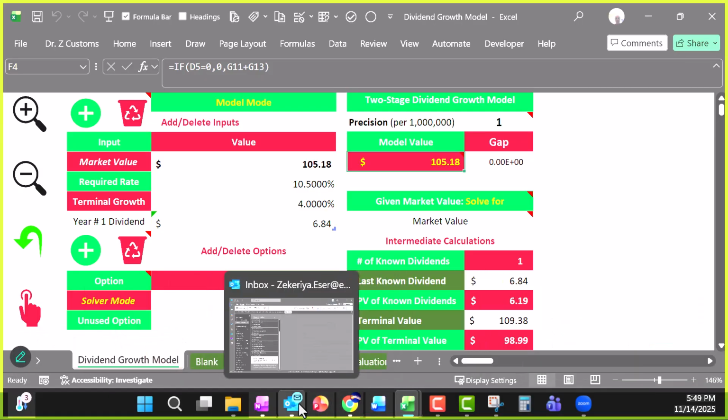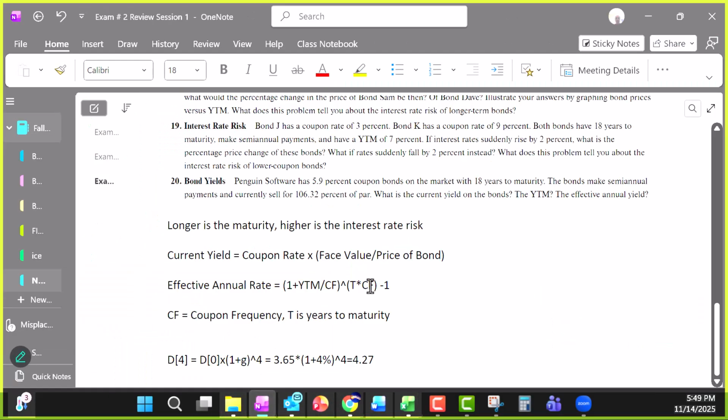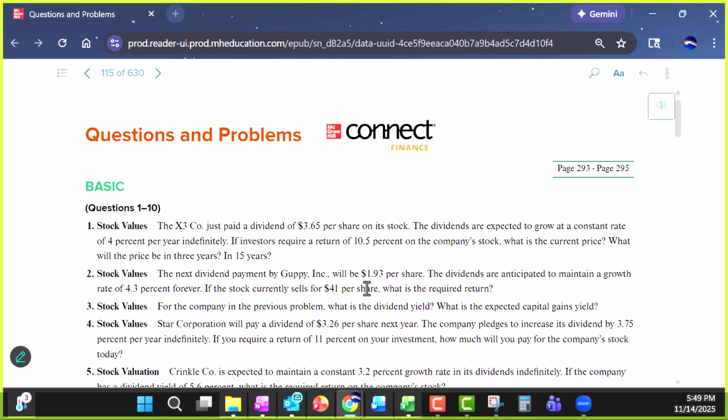Let's do another one. This is a little bit easier. Now the problem tells you what next dividend is going to be. That's 193.